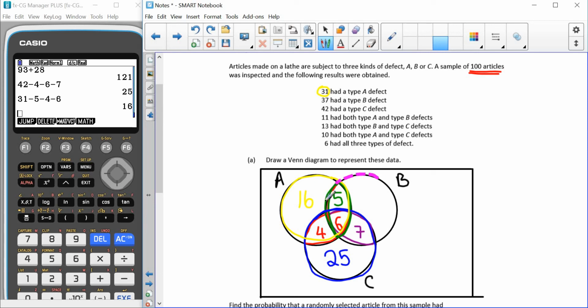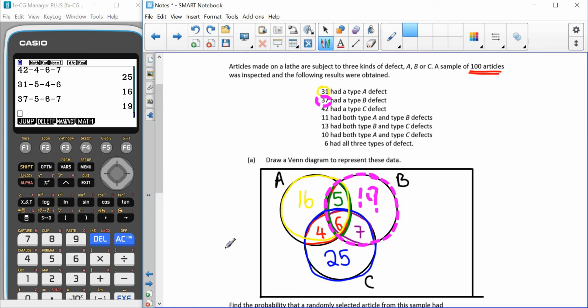And lastly, we're looking at the circle for B. B has 37 items, so that's going to be 37 minus 5 minus 6 minus 7, which leaves us with 19 items left to go into this section here.